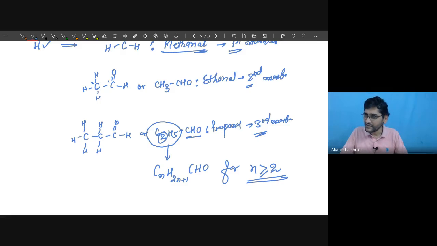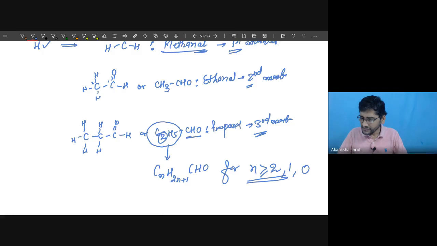Or 1 or 0. What can be taken? Student, here you are observing that even this n can be 0, then no carbon but only hydrogen.